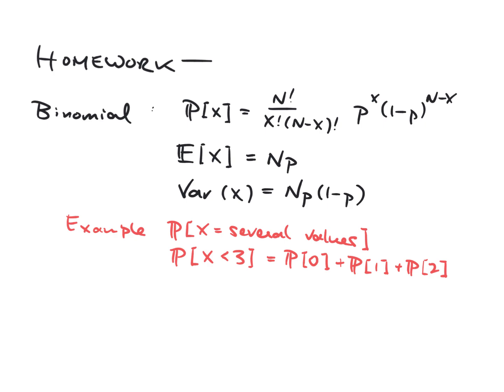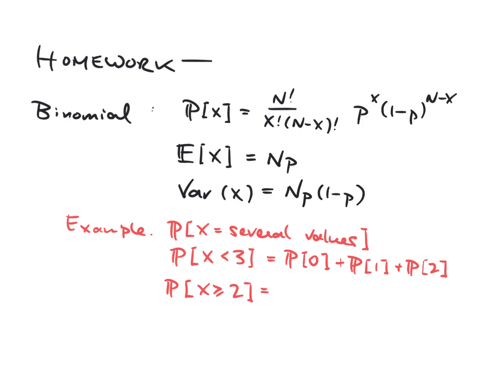Okay, now another thing though is sometimes you encounter a question where it might be easier to solve for the opposite of what the question asks for. What if the question asked you, what's the probability that x is greater than or equal to 2?